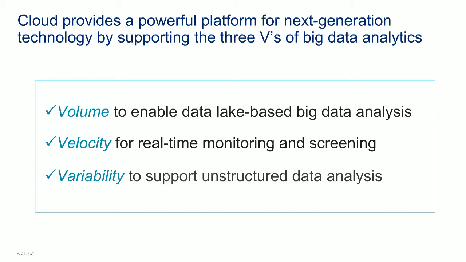And the third V, variability, in the AML context, can refer especially to unstructured data analysis. Again, extremely important in deriving more advanced and accurate insights, whether it's on the KYC side or as an input into behavior analysis.